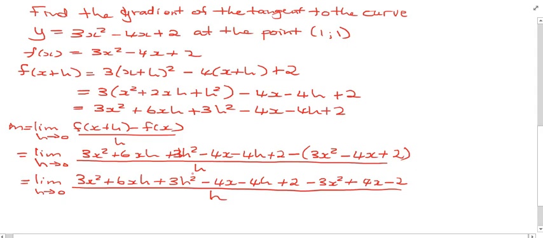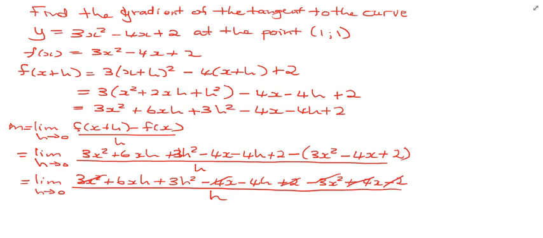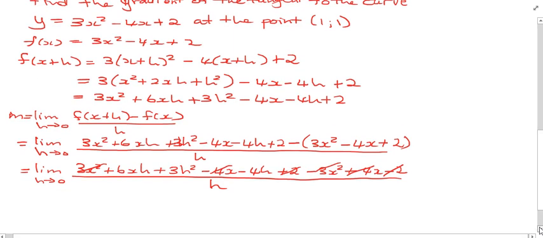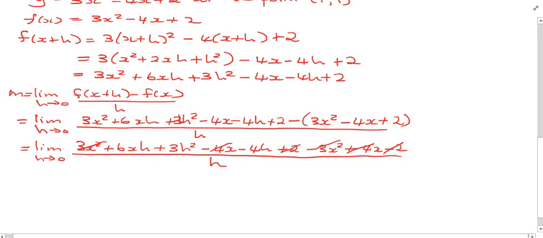Okay, so 3x squared minus 3x squared will cancel, and then we have minus 4x with plus 4x cancelling. Positive 2 will cancel with negative 2. Okie dokie, so that will lead us to the limit as h approaches 0.